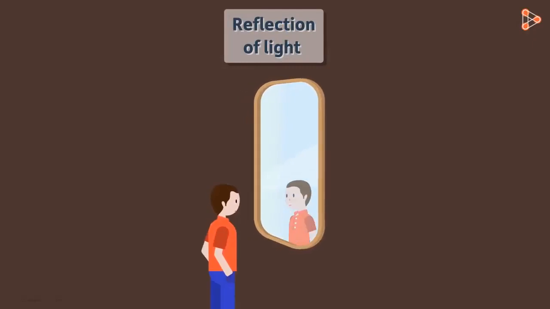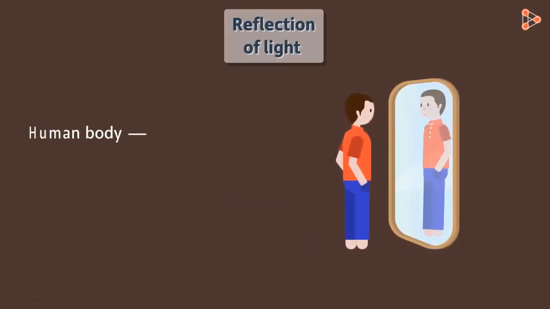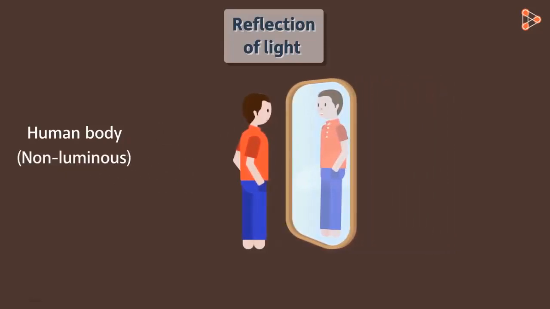Let this object be our human body, so at the same time, we are looking at the image. First tell me, is our body a luminous or a non-luminous object? Well, it's non-luminous. The human body cannot emit its own light. So the light from the source is first incident on the human body. It gets reflected from it, and this reflected light strikes the mirror.